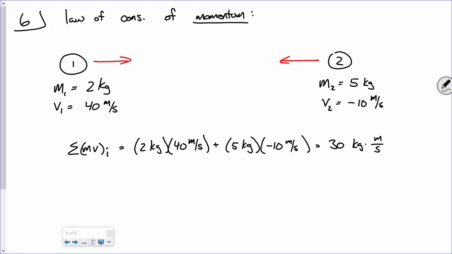So which ball has more momentum? It's ball number 1, right? Make sense? So the momentum going into this situation has to equal the momentum coming out, okay? So here's my initial momentum. My final momentum is the final mass times the final velocity. What is the final mass? 7.